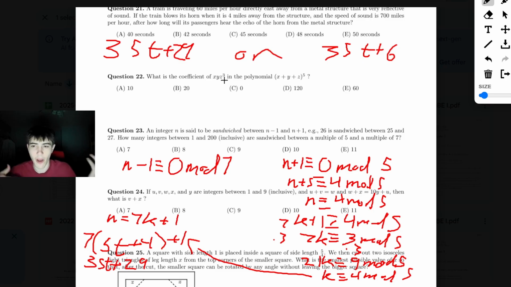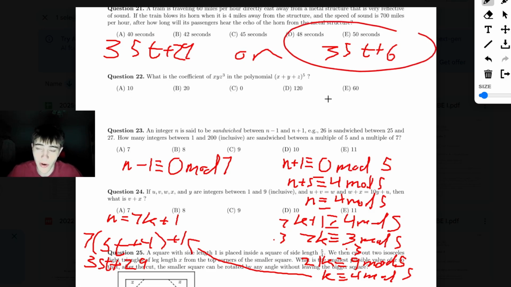And we want to count how many of those there are. So t can be, let's just go right here. Let's say t equals 0. That gives us our first term that works, which is 6, right? And then t could be 1, 2, 3, 4. And when would it stop? When would we get above 200, right? So if t was 6, then 35 times 6 would be 210, right? So t has to be less than 6, because 210 is already too much.